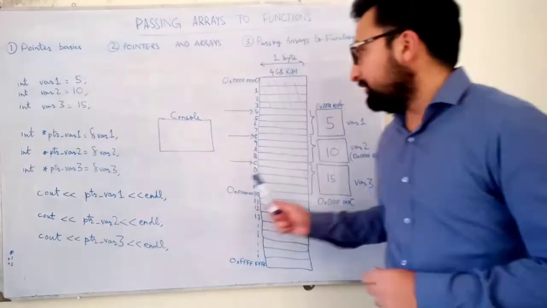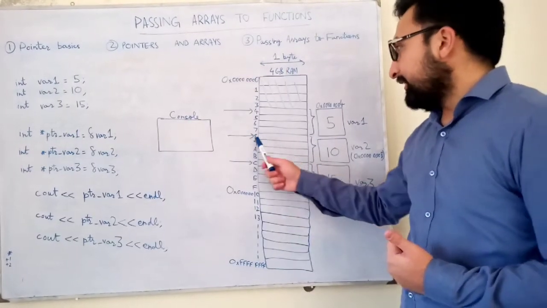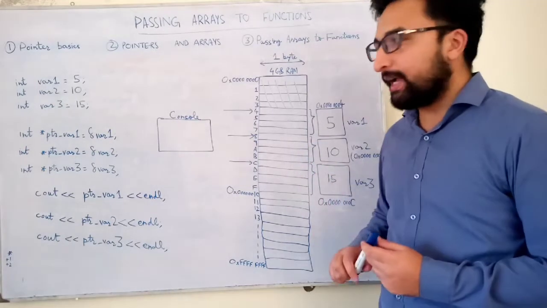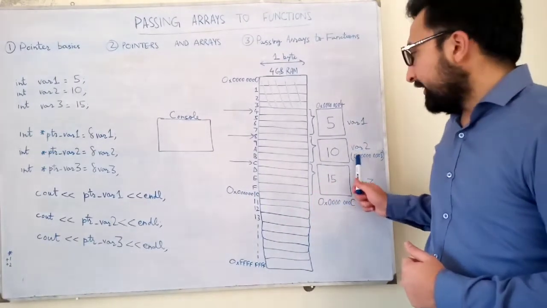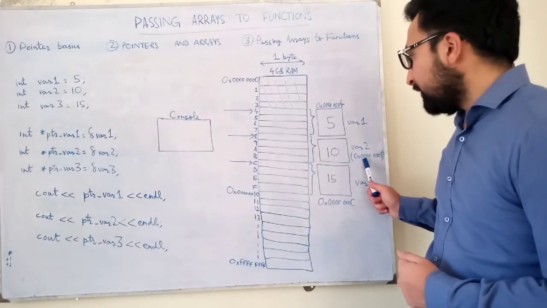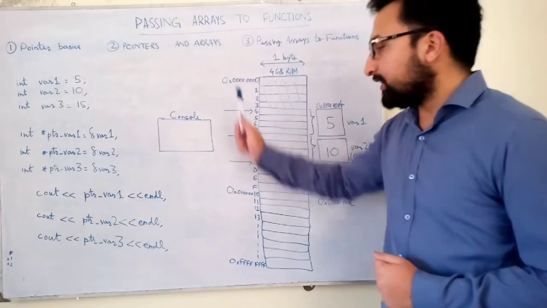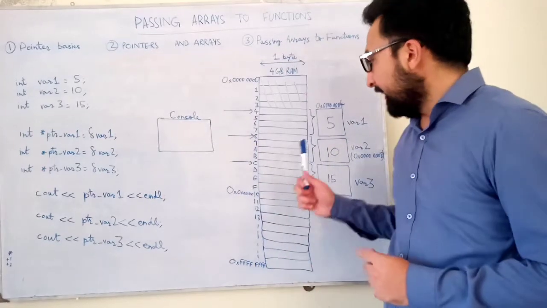Similarly, the second variable will be stored right after that. There is a box that is 4 bytes long and holds the value 10 and is named vr2. The address of this particular variable will be 00000008. All these addresses are in hexadecimal, you should know that.